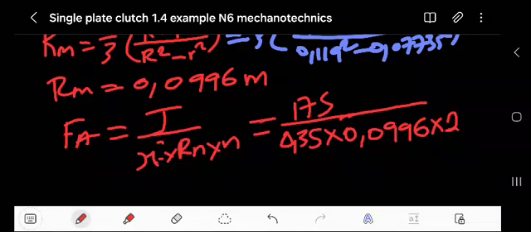Just remember, a single plate will always have 2, the number of that. So here we have 175 over 0.35 times 0.0996 times 2.